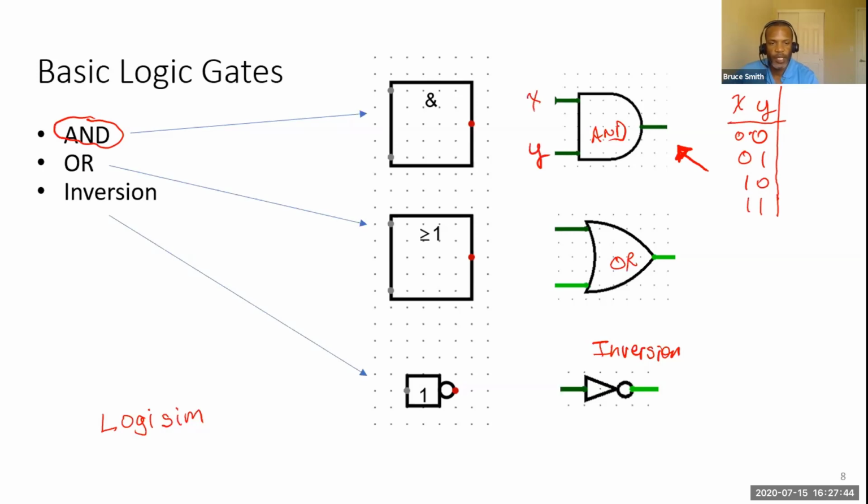For all of these, there's a script, I suppose, that's often helpful. With the AND gate, the script is the output will be true if both inputs are true. And that's the only time.